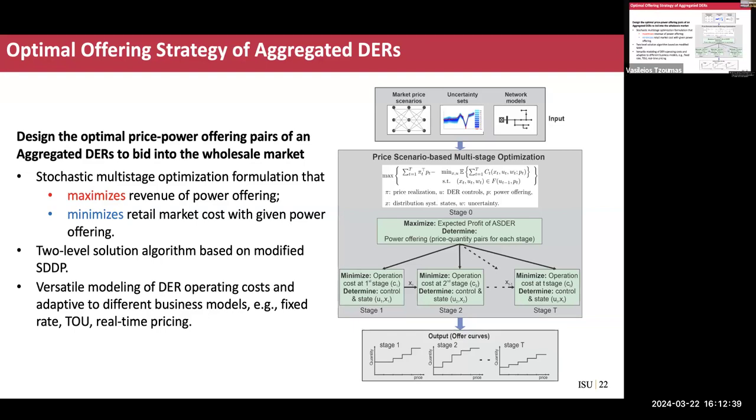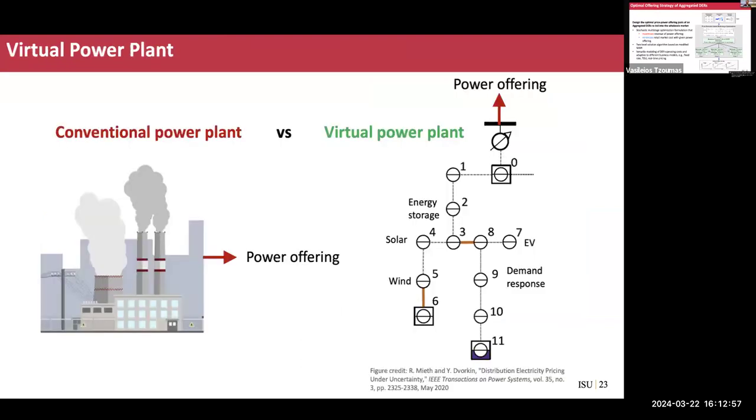And we want to make sure that we minimize this retail market cost when we are given the power offering that we fix. And we solve this problem using a two-level solution algorithm based on stochastic dual dynamic programming. So the basic idea is, for a conventional generator, coming up with this power offering is straightforward.